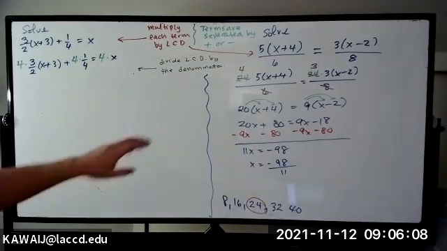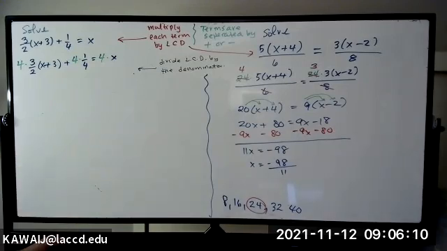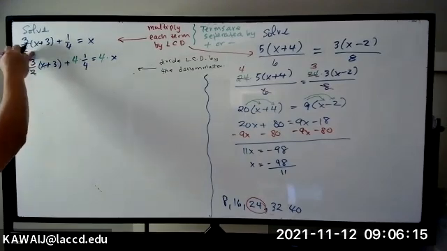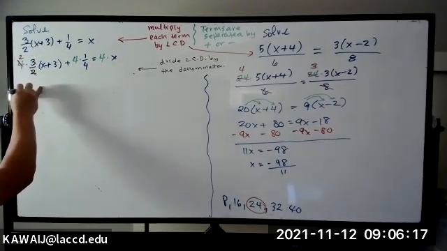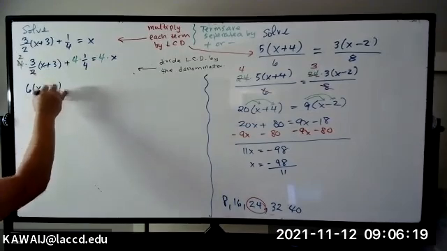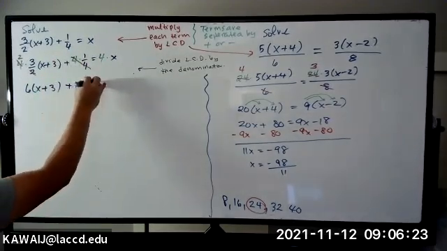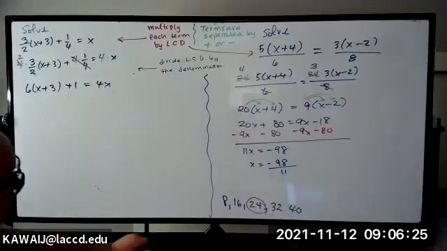Okay, now just like this one over here, this 4 and this 2 will divide, and then you get 6. Okay, now go ahead and solve that problem.